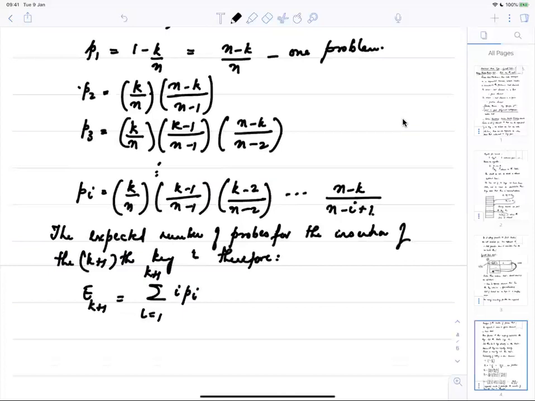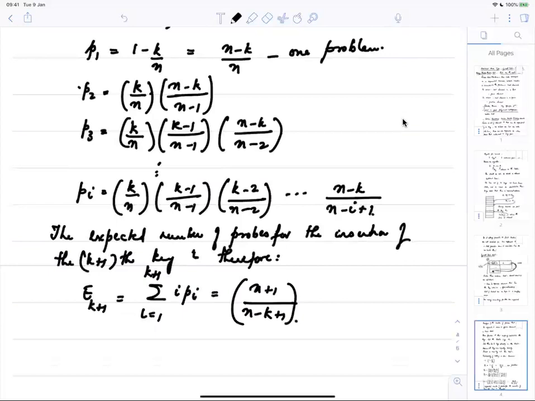And this will turn out to be equal to n plus 1 by n minus k plus 1. This is the expected number of probes.